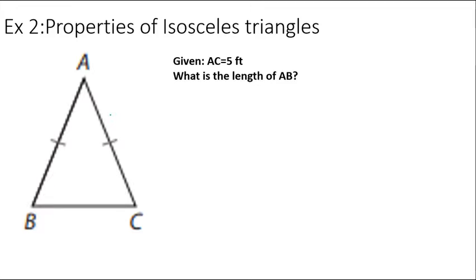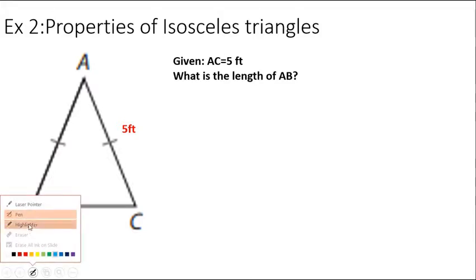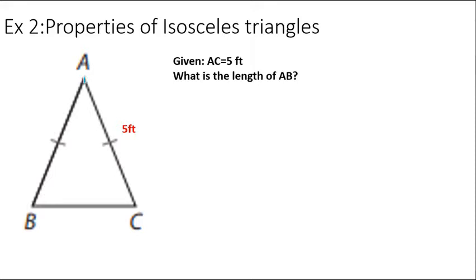So using the given part, we know that this whole length right here is 5 feet. An isosceles triangle means that the two legs are congruent to each other. So if that's 5 feet, that means that this side over here, AB, is also 5 feet.